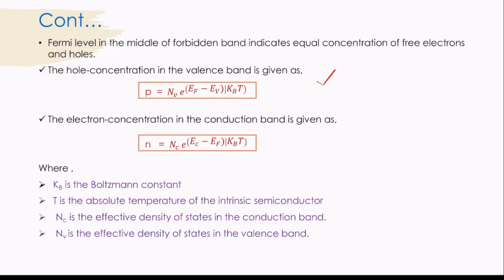And the expression for the electron concentration in the conduction band is n is equal to Nc times e to the power of (Ec minus Ef) by KbT, where Kb represents the Boltzmann constant, T represents the absolute temperature of the intrinsic semiconductor, Nc represents the effective density of states in the conduction band, and Nv represents the effective density of states in the valence band.